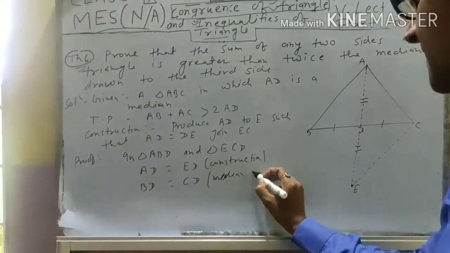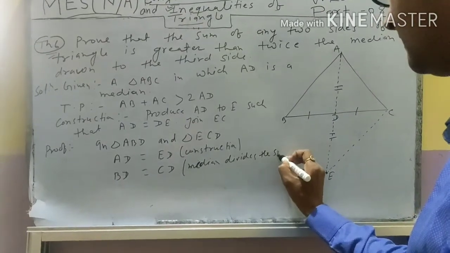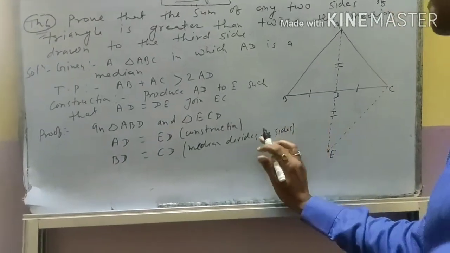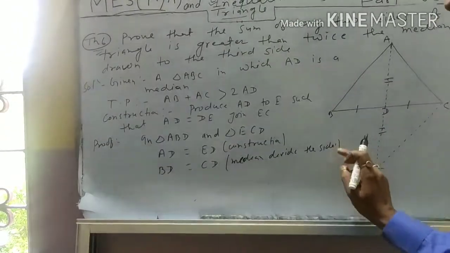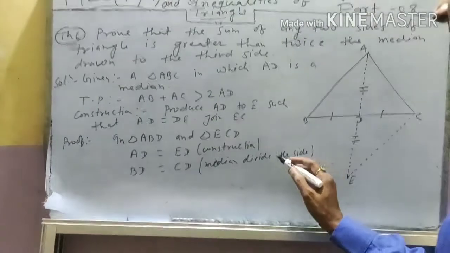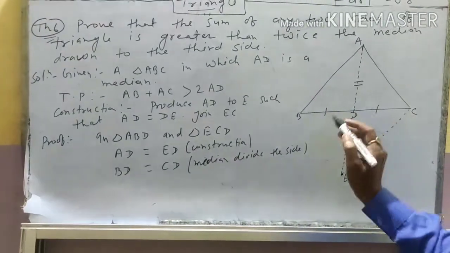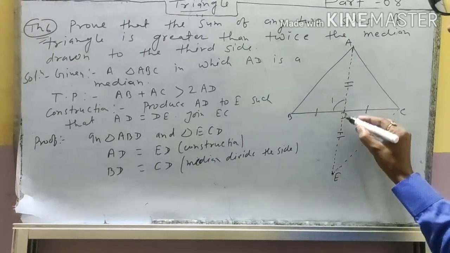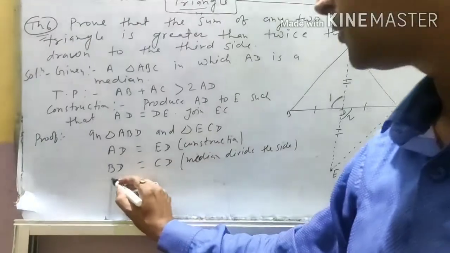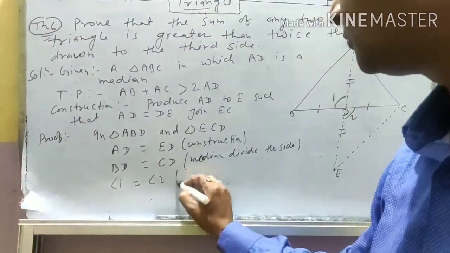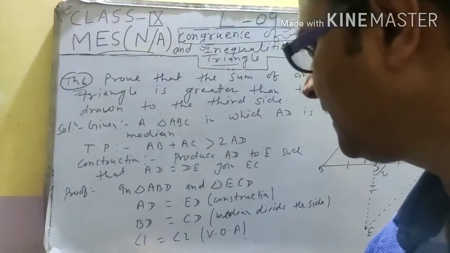Median divides the side. Okay. BD is equal to CD. And suppose this angle is 1 and this angle is 2. So angle 1 is equal to angle 2, vertically opposite angles.